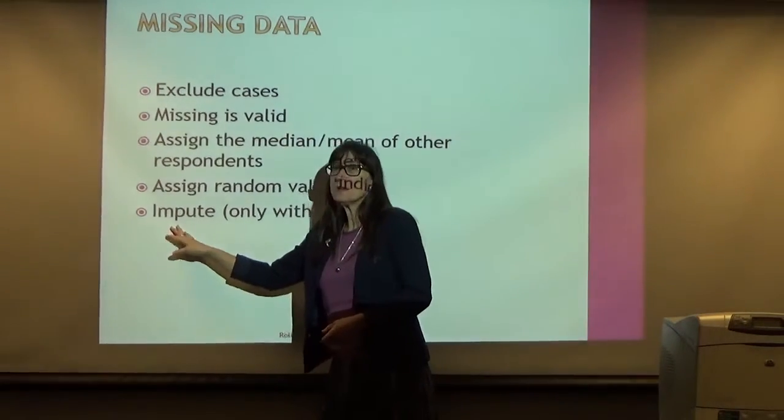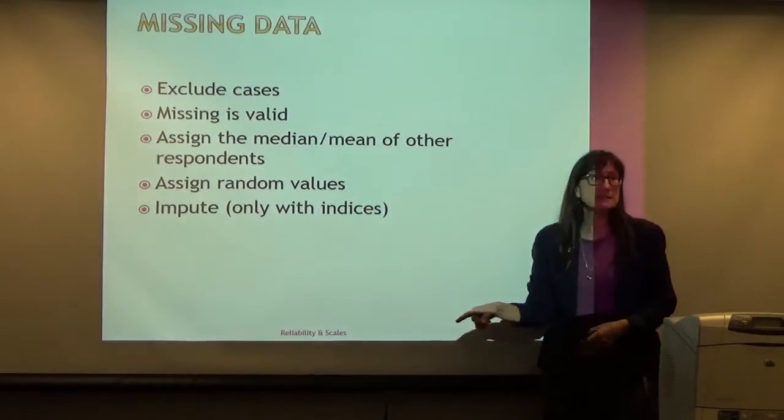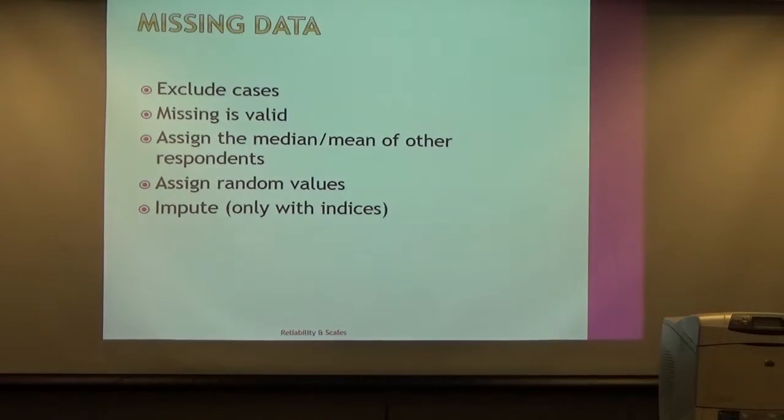Or you can do what we call impute, and this is only if you're creating scales. Let's say you have the 4 Bogardus social distance variables, 1, 2, 3, and 4, and a particular respondent didn't answer one of those questions, but answered the other 3.